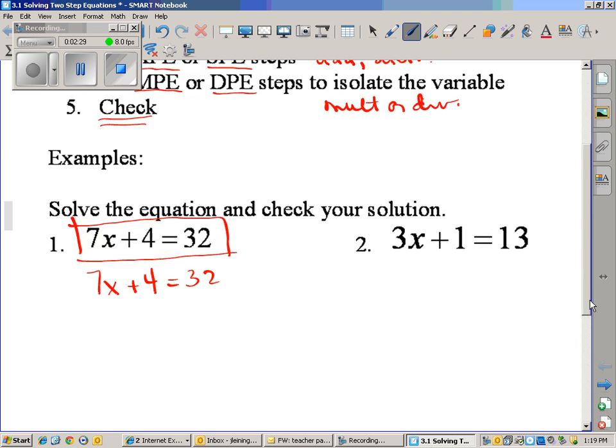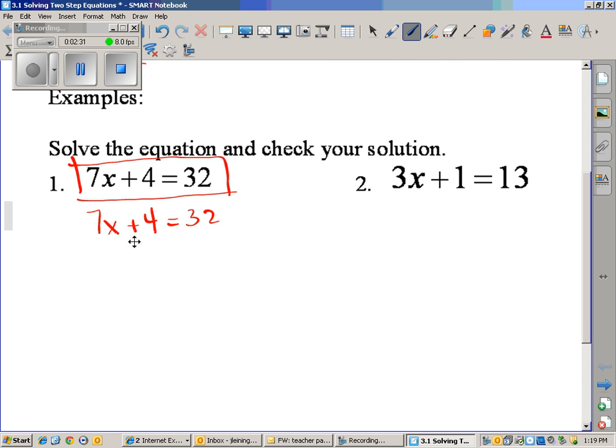In trying to get my variable alone, do I have anything that's added or subtracted onto the variable? Yeah, I do. There's a 4. The 4 is added. I'm going to do the inverse operation. Bring down the 7x, subtract 4 from 32, I get 28. And finally, my last step is getting rid of the 7 that's multiplied to the x.